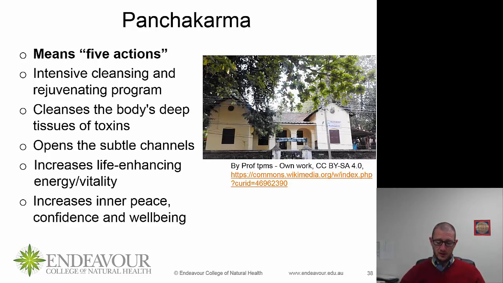So because it's such a demanding process, it needs to be carried out in an inpatient ward. So basically, people undergoing Panchakarma are admitted to Ayurvedic medicine hospitals where there are wards set up to carry out the process.